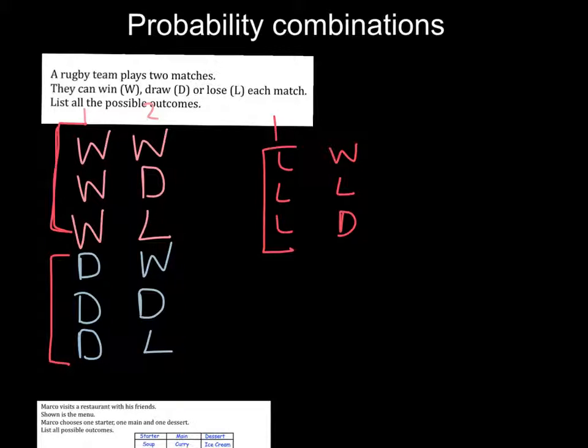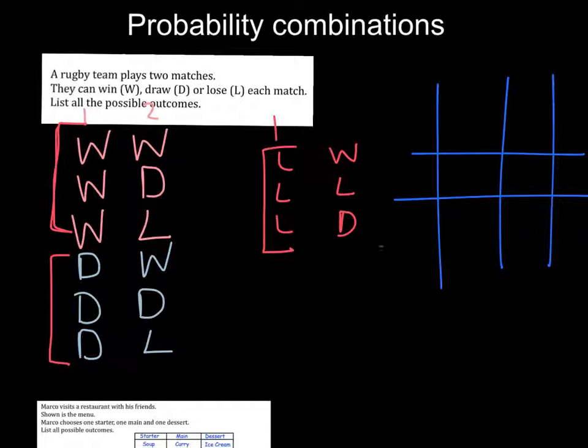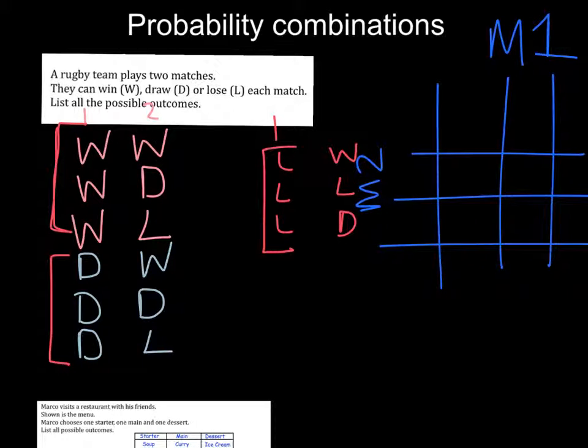If you've watched the sample space video, you may be familiar with the second method. If you put a little sample space together, you could show all the combinations in a sample space diagram. If you think about this side being match 1 and this side being match 2, you've got all your options: winning, drawing, losing, winning, drawing, losing.